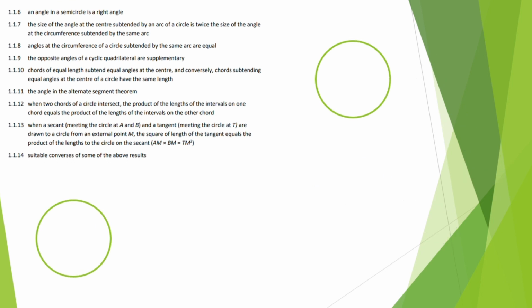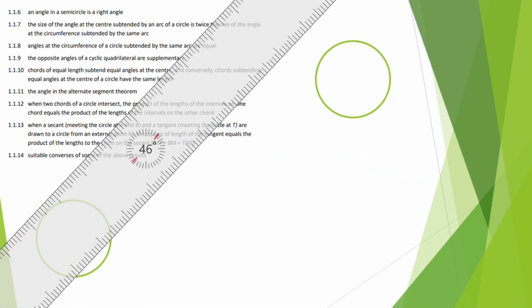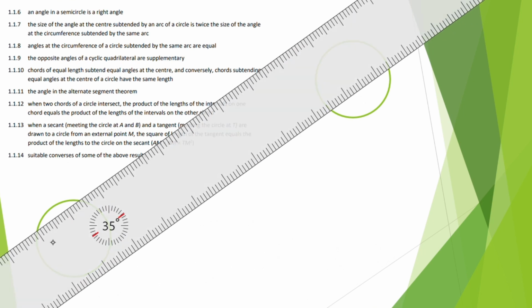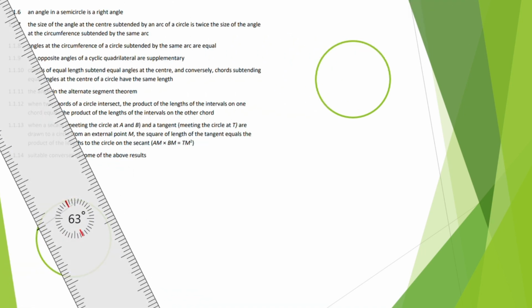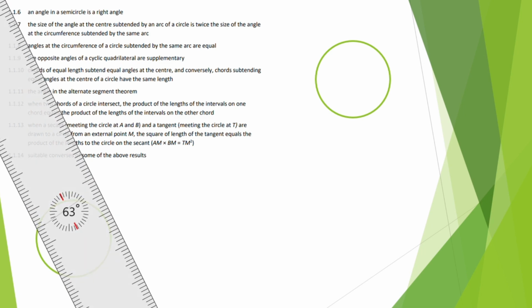Okay? Now the final circle proof you need to go over is that of cyclic quadrilaterals. A cyclic quadrilateral is a quadrilateral that has each of its corners at the circumference of a circle. So I'm drawing a cyclic quadrilateral right now.